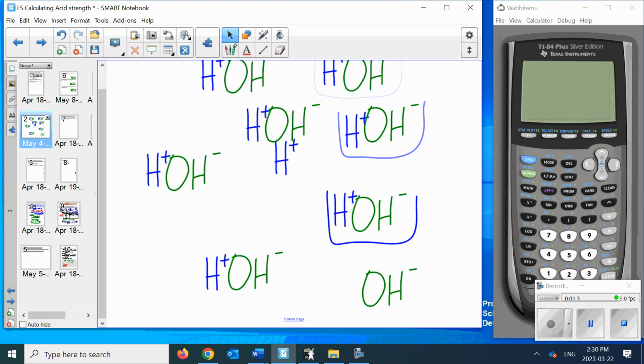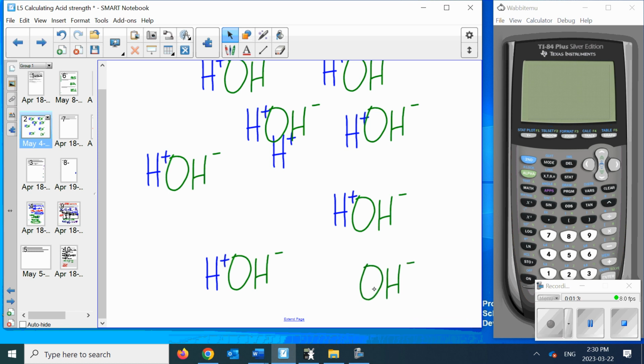So here I have H3O plus. Here's a hydroxide down. Well, by random chance, sometimes collisions or whatever, another one will break apart. This might latch on and become water. So this might break apart. Boom. You got another H2O.